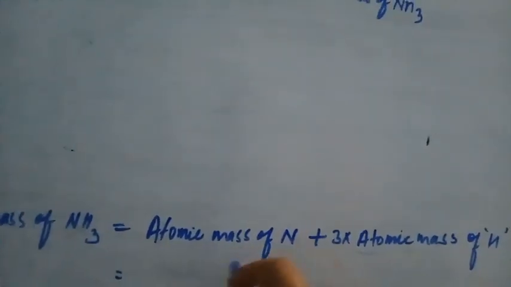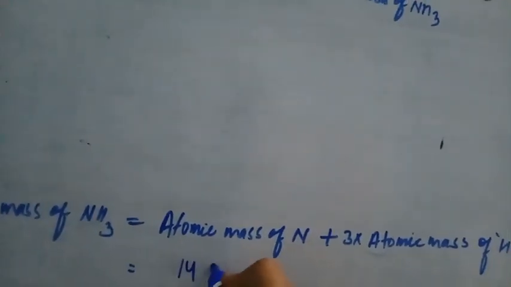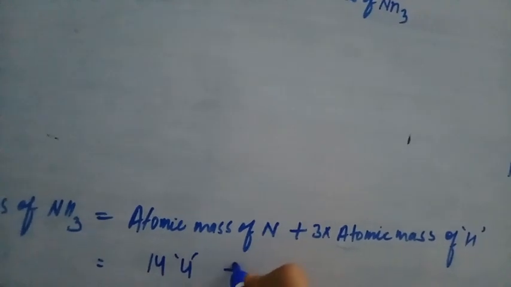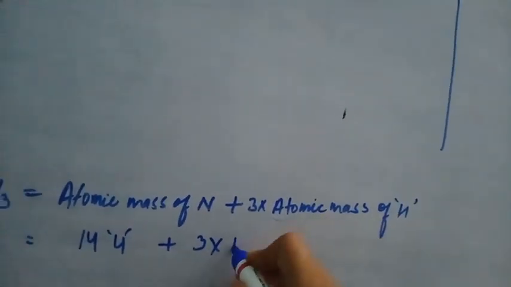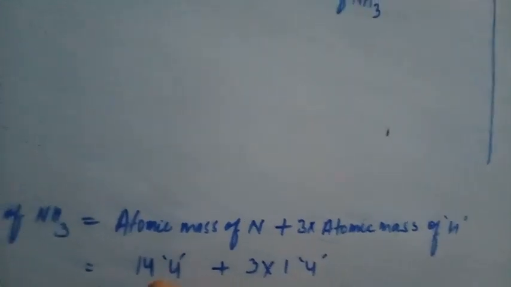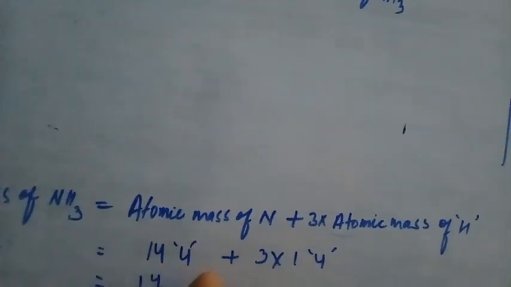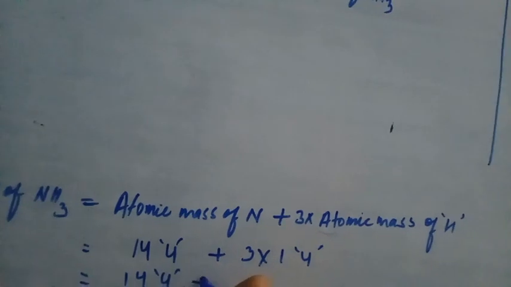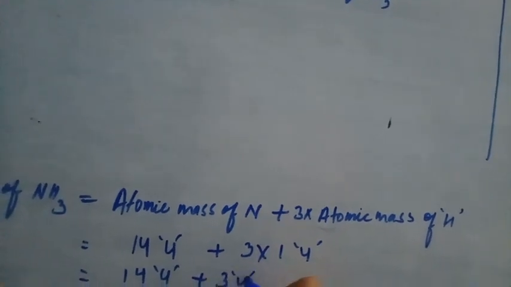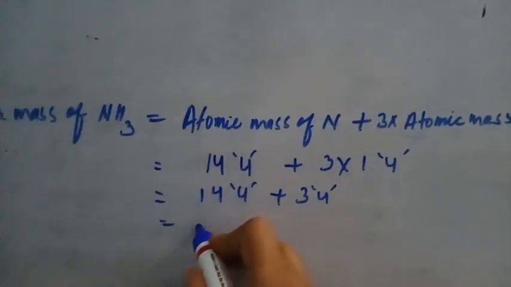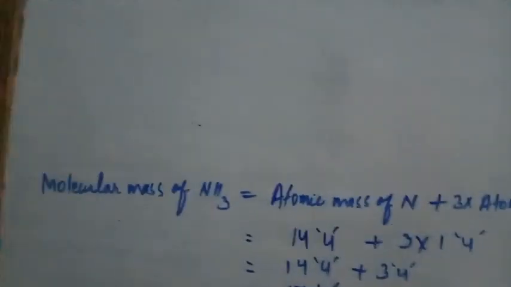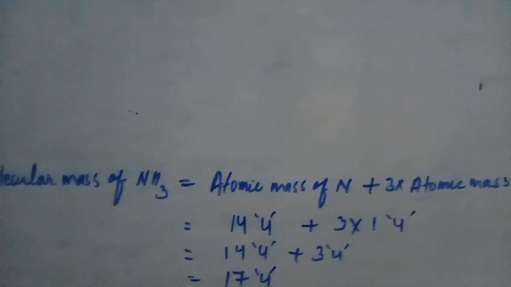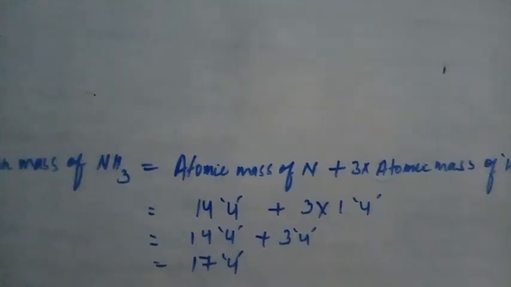So atomic mass of nitrogen is 14 u plus 3 into atomic mass of hydrogen, it is 1 u, which will be equal to 14 u plus 3 u, and overall we will get 17 u. So we have got molecular mass of ammonia, that is 17 u.